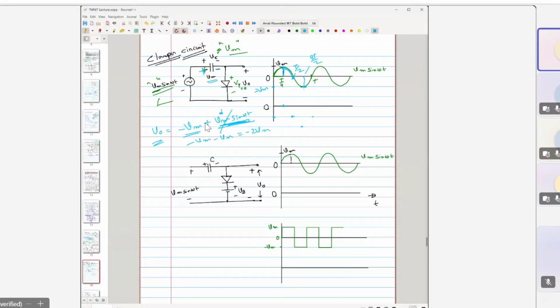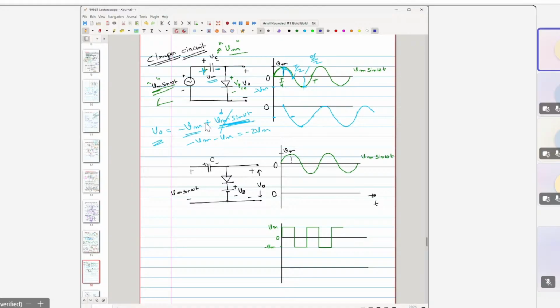Then the output waveform would look like this. One thing to note is that it does not change the frequency of the signal.